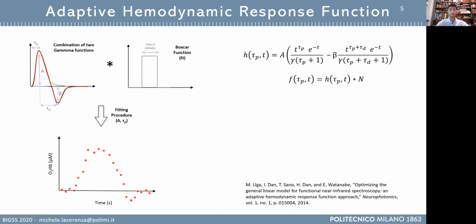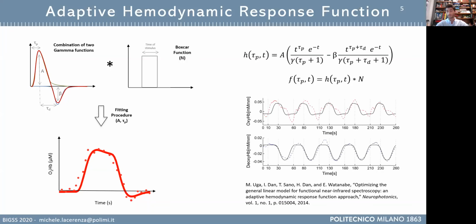After the convolution with the boxcar function, we use a fitting procedure, in our case least squares, with two of the four variables. We fix the other two for simplicity. After the fitting process, we have a guess of the final hemodynamic response function for the activation presented here.